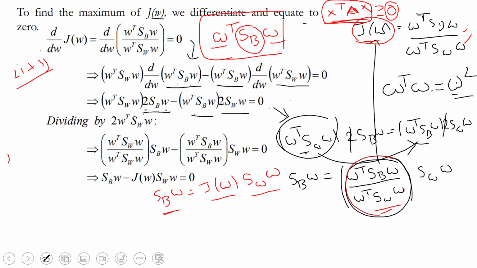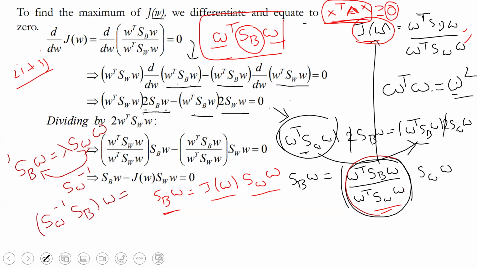As this is a scalar value, I'll replace this with SB W is equal to lambda SW W. I'm rewriting this by multiplying both sides with SW inverse. So this becomes SW inverse SB into W is equal to lambda into W. SW into SW inverse will become 1, right?